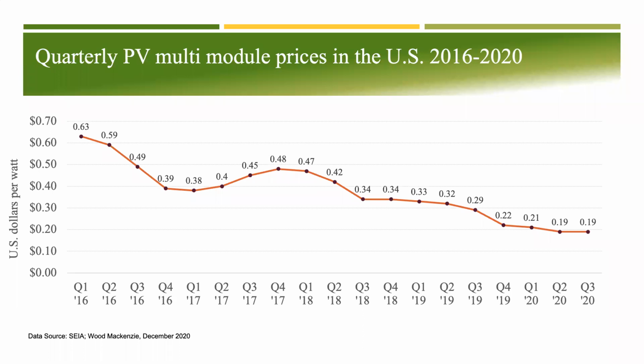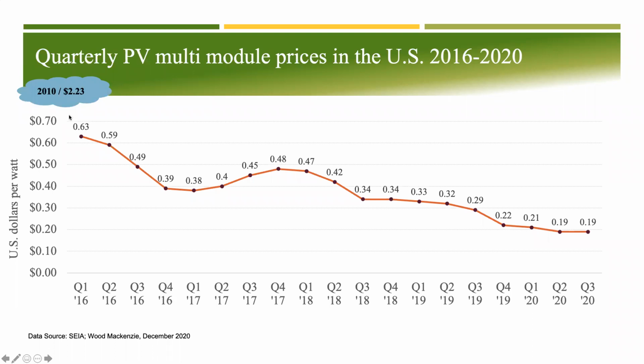So bringing this back to the US, this is a line chart plotting out your module prices in the US from 2016 to 2020. As you can see, we've seen a steady decrease over that time period. What's really mind-blowing is when we look at this from a 10-year perspective.